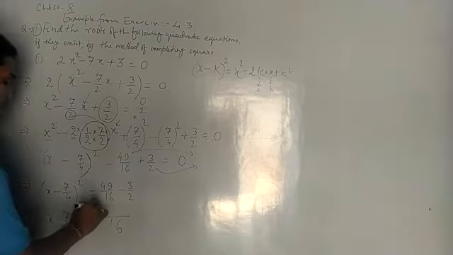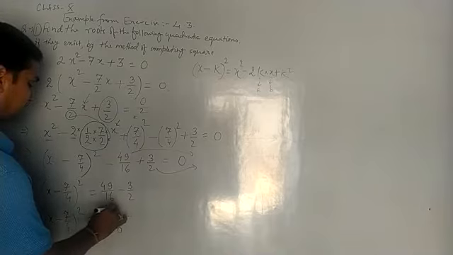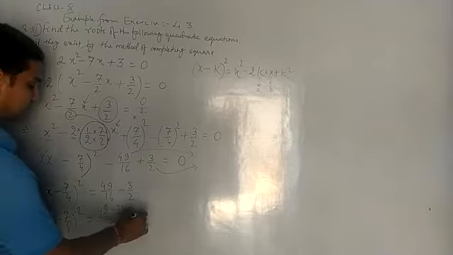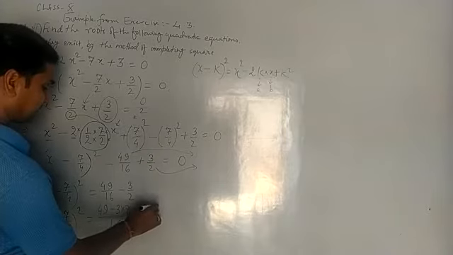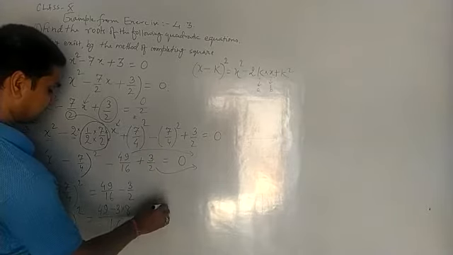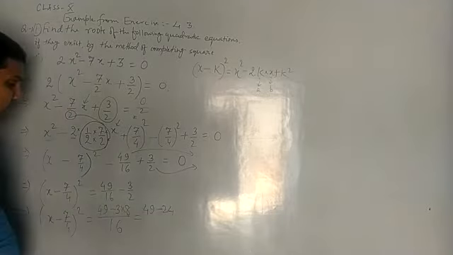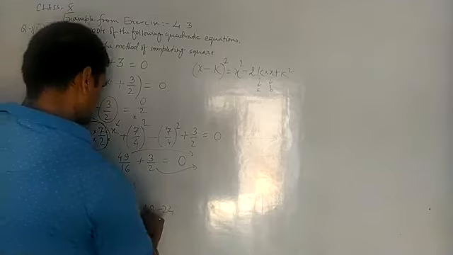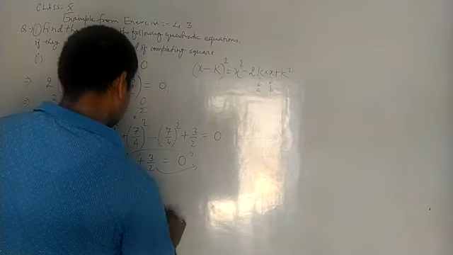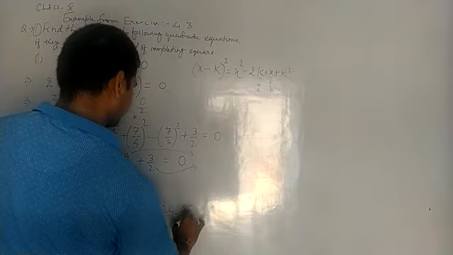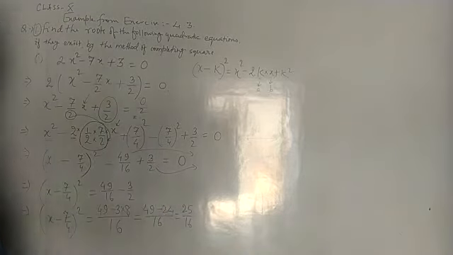16 ones are 49 minus 3 into 8, because 2 eights are 16. So 49 minus 24 by 16, so 25 by 16 is coming. So x minus 7 by 4 whole square.